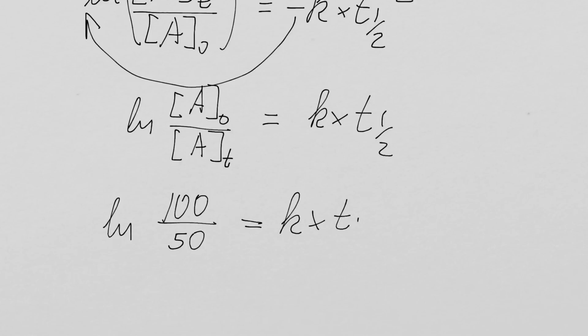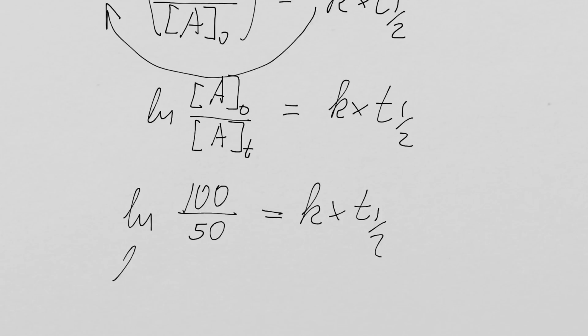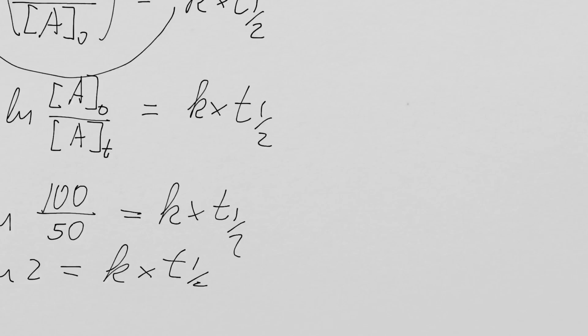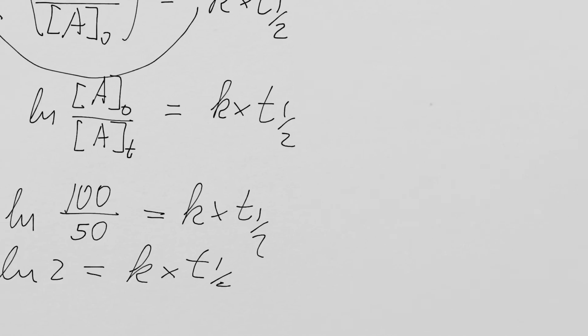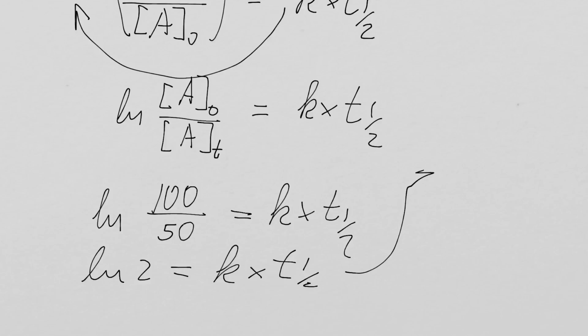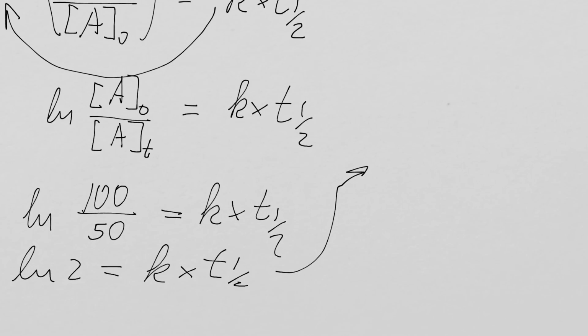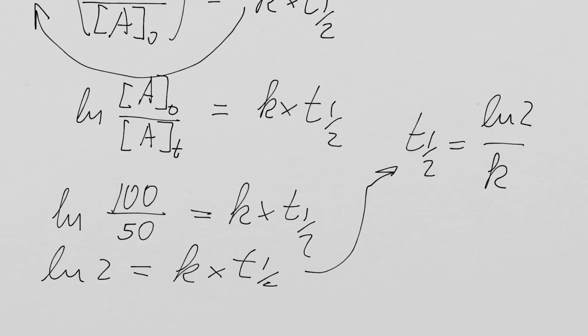k times t half. 100 divided by 50 is what? 2. You don't get a sweet for that. ln 2 equals k times t half. What's ln 2? t half equals ln 2 divided by k, just simply from this equation here.